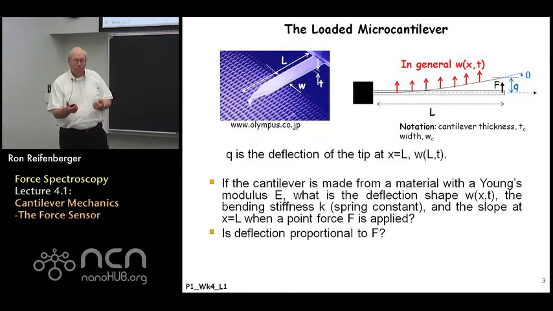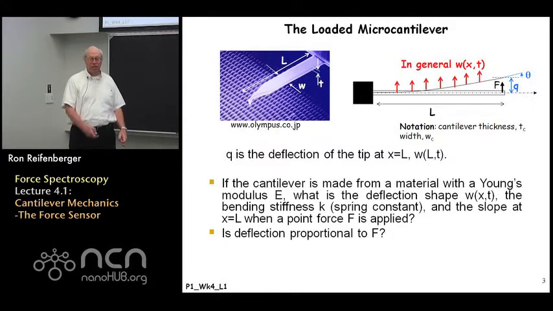And of course, if you have a useful force sensor, you'd like to show that the deflection of the cantilever Q is proportional to the force F that's applied. So these are things that you'd like to see come out of this discussion.